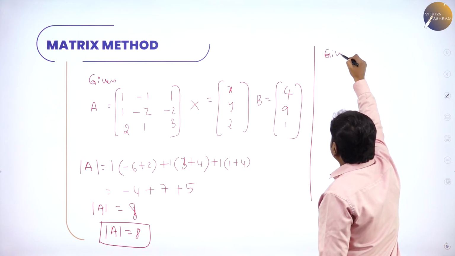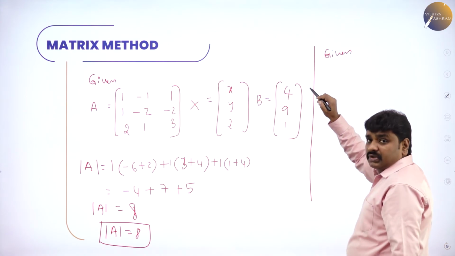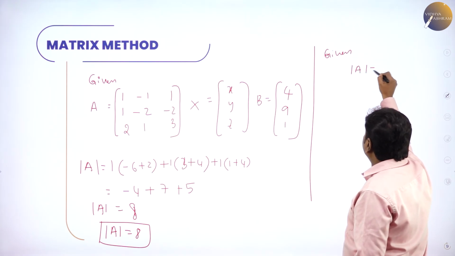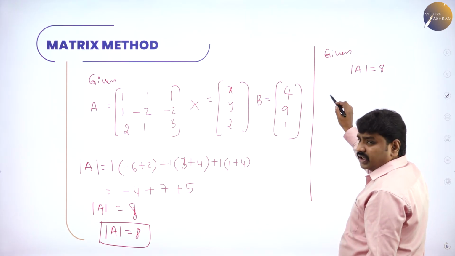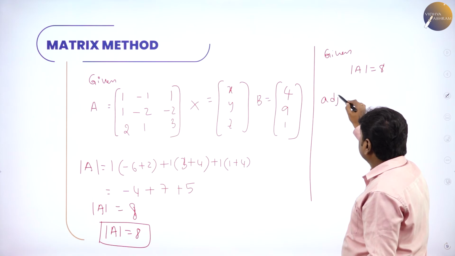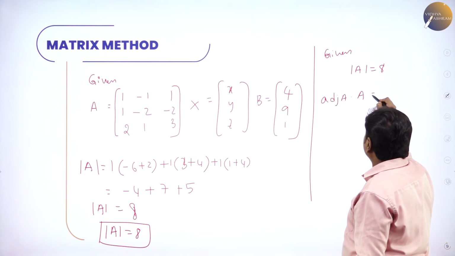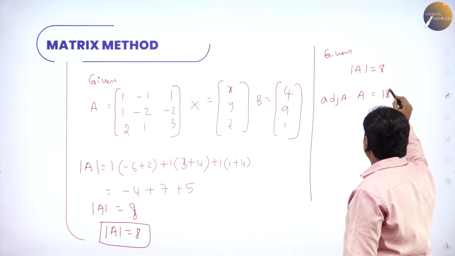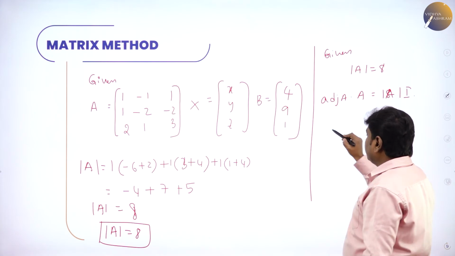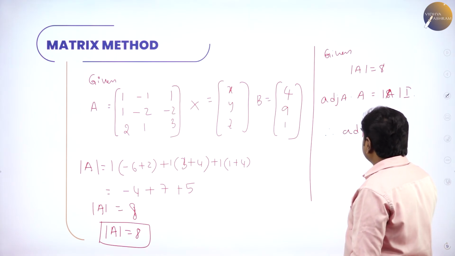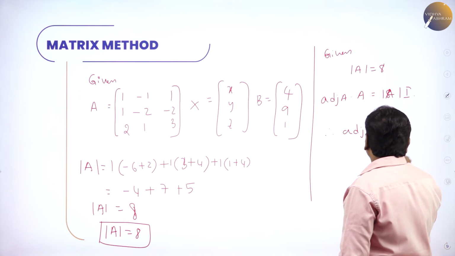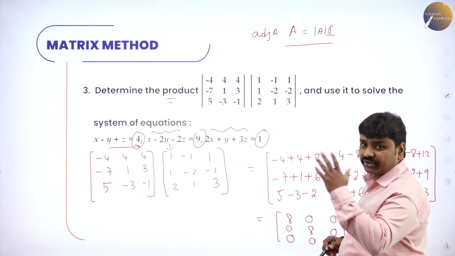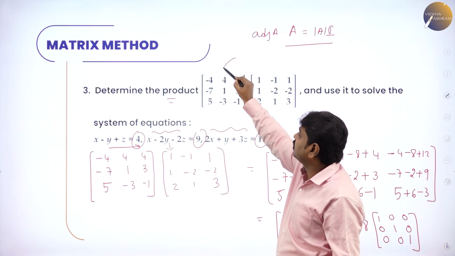Given determinant A is 8, and adjoint A into A is giving you determinant A into I, that is 8 I. Therefore I can say adjoint A is the other matrix. Here you need not struggle to find the adjoint, directly this is the adjoint.